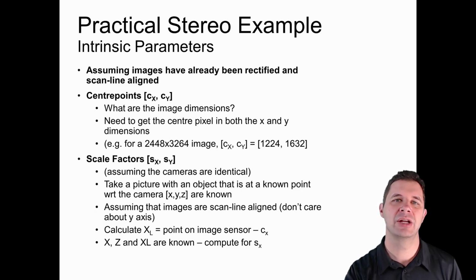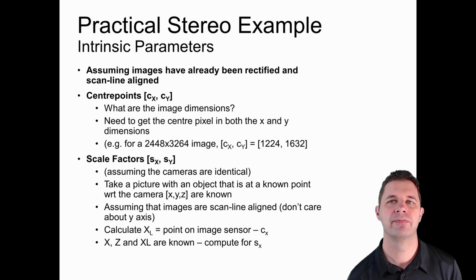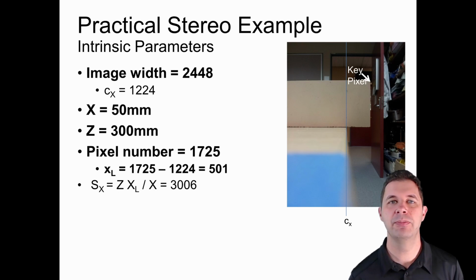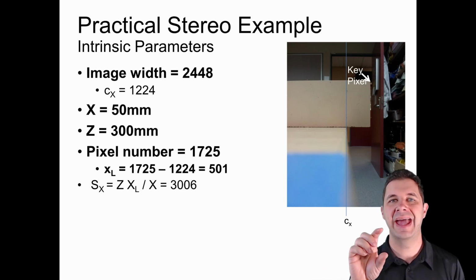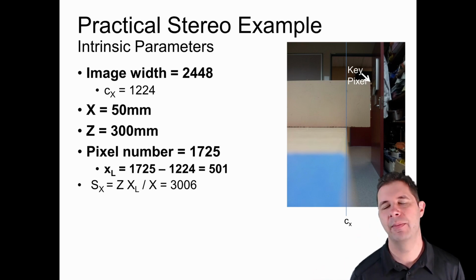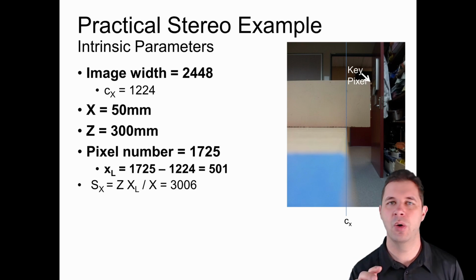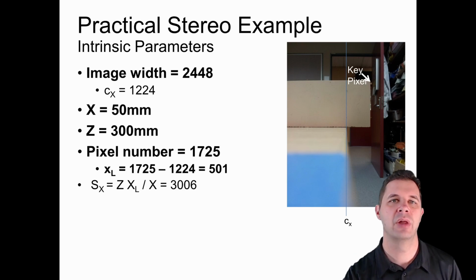And that allows us to generate our scale factors, for example. Here we have an example of how we can compute our SX scale factors based on a key object that's 300 millimeters away from us, and looking at the size of that object in terms of how many pixels it represents on the screen and how many millimeters it is in real life.